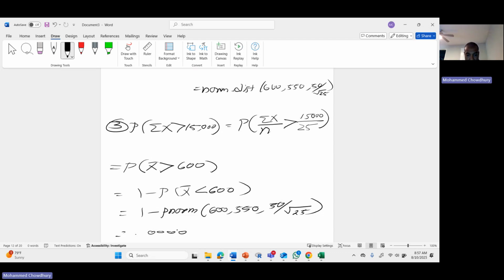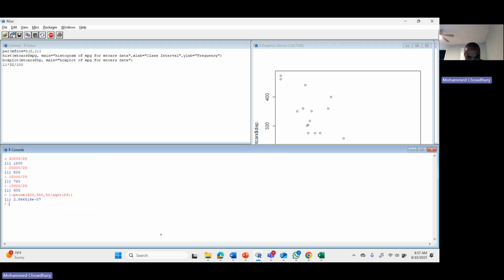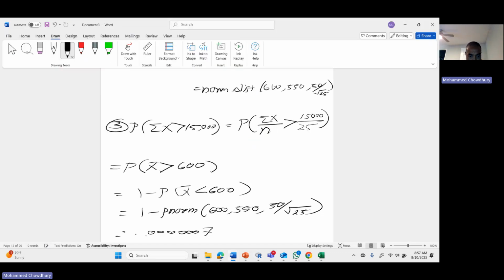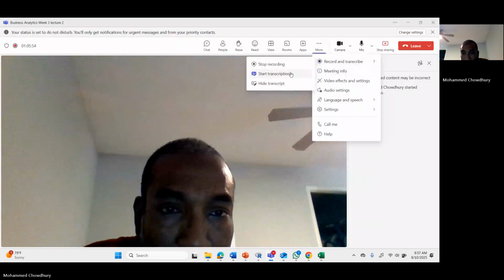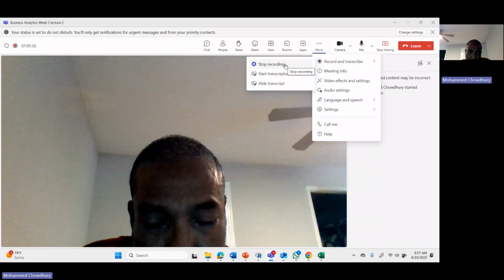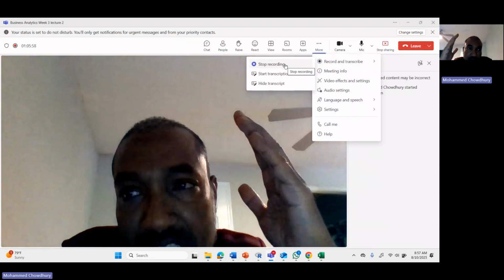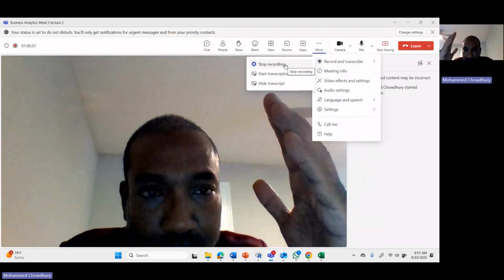Let me see how many zeros: 6 zeros and then 7. So that is the answer. This is all about z-scores, the normal distribution, and sampling distributions.